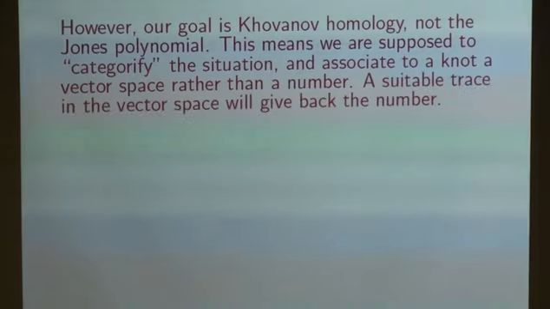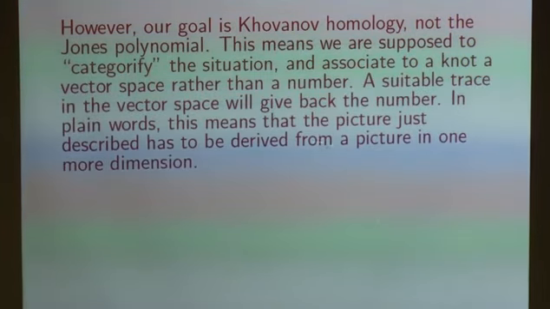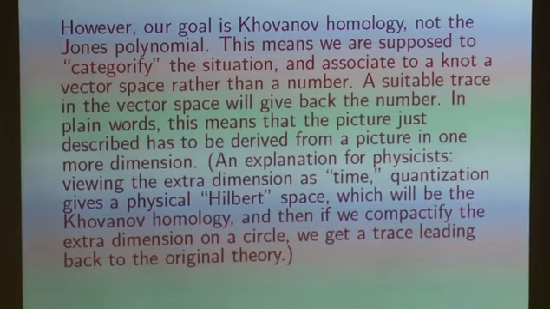But if you're a physicist, what it means is that the picture we've just described has to be derived from a picture in one more dimension. So an explanation of that for physicists is the following.